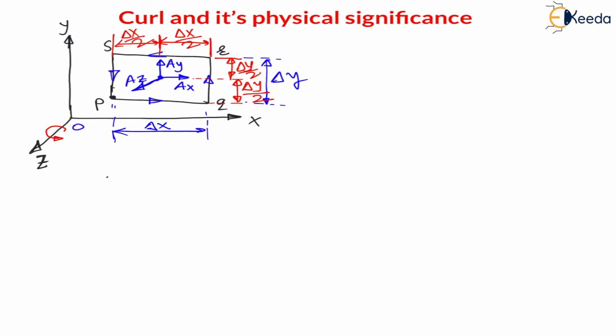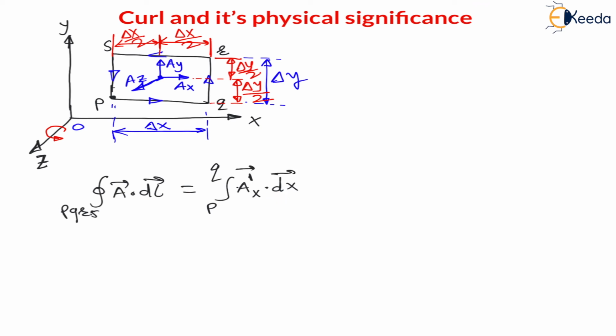So the circulation will be cyclic integral of line integral, that is over PQRS vector A dot dl. Now it can also be written as integration over PQ of vector A, which was Ax dash, and the distance is dx, right? Total distance is del x, therefore small distance dl will be small dx, right?